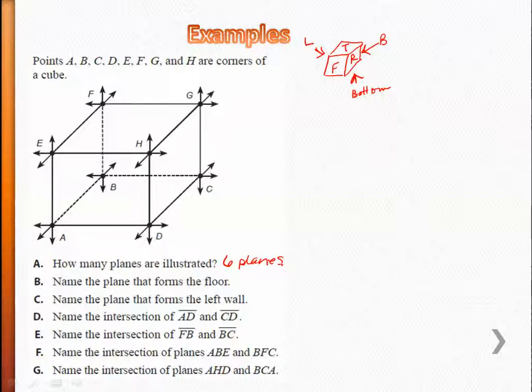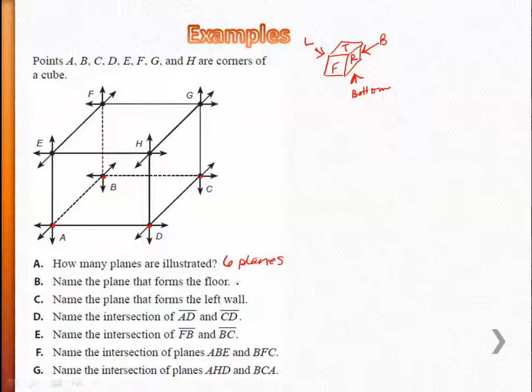Part B says, name the plane that forms the floor. Well, the floor is going to be your bottom. And we have our bottom points are A, B, C, and D. Now remember, you only need 3 points to name it.